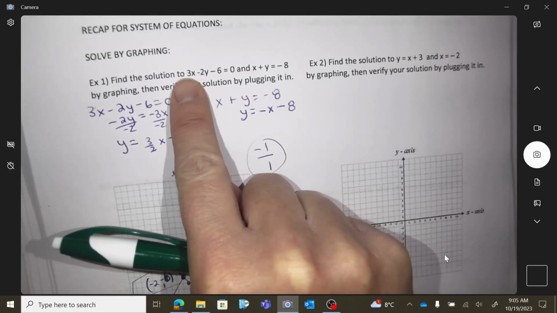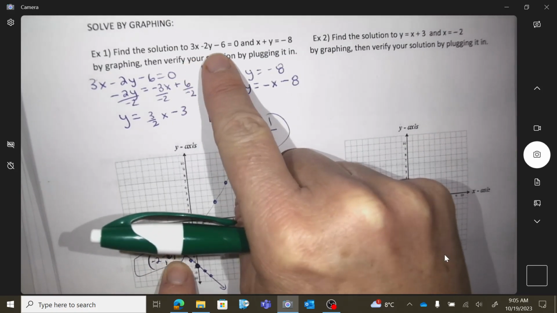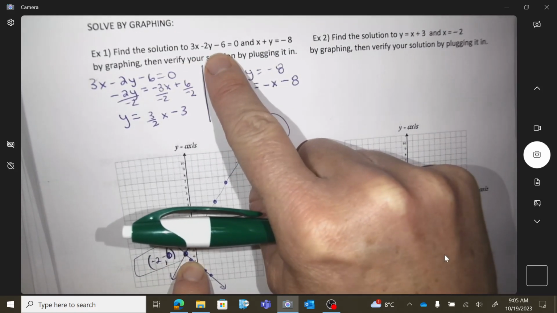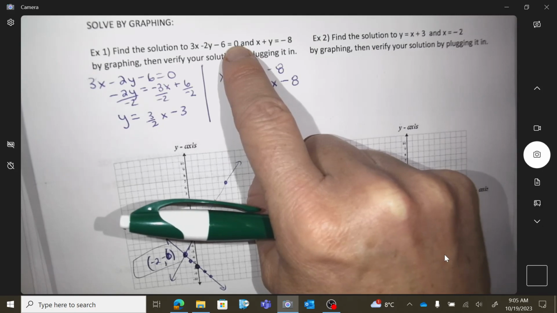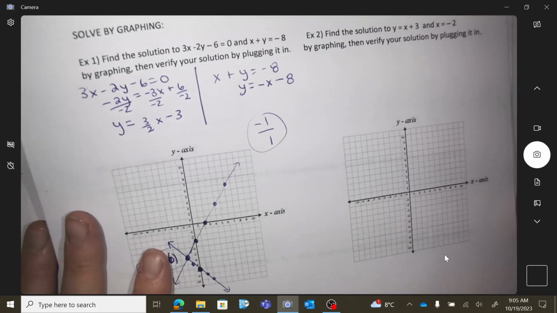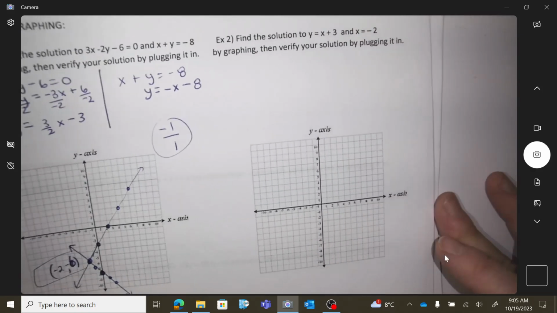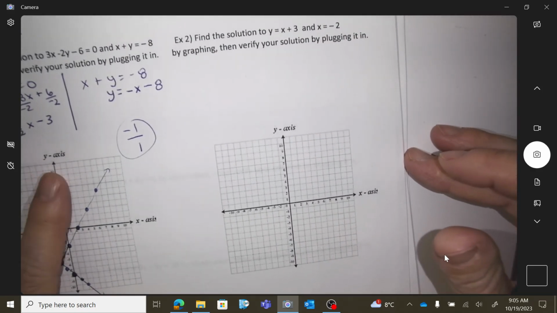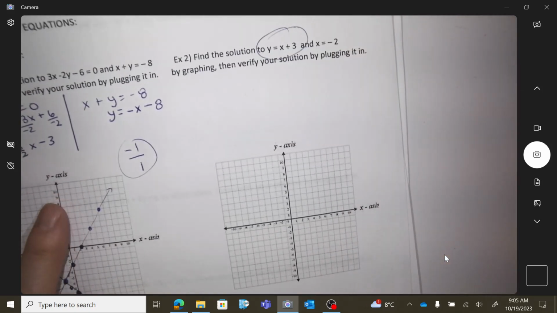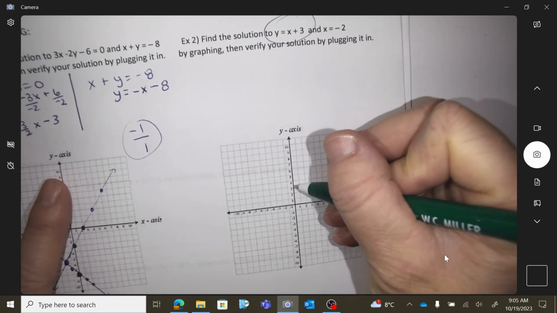You could be 3 times negative 2, subtract 2 times negative 6 minus 6 equals, you can do that all in your calculator and it should be 0. Okay, I'm not going to do that, but on your test, when you go back and double check everything, do that.